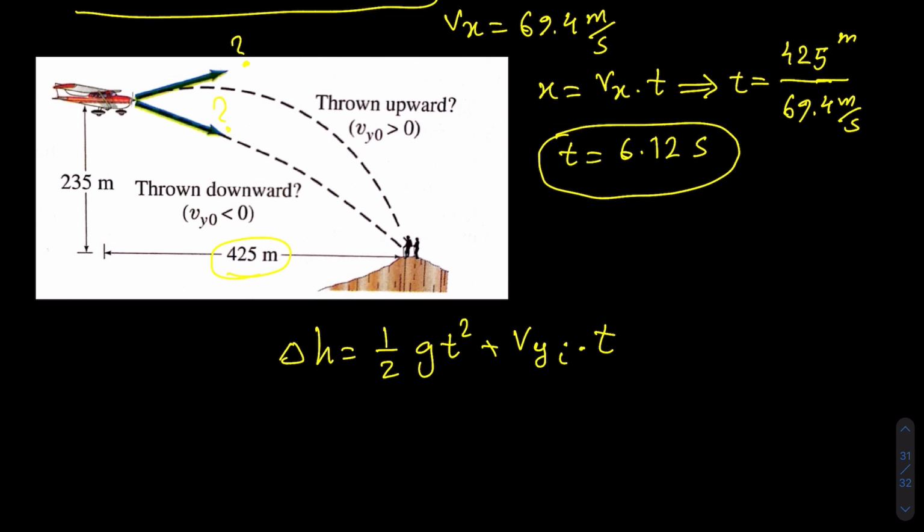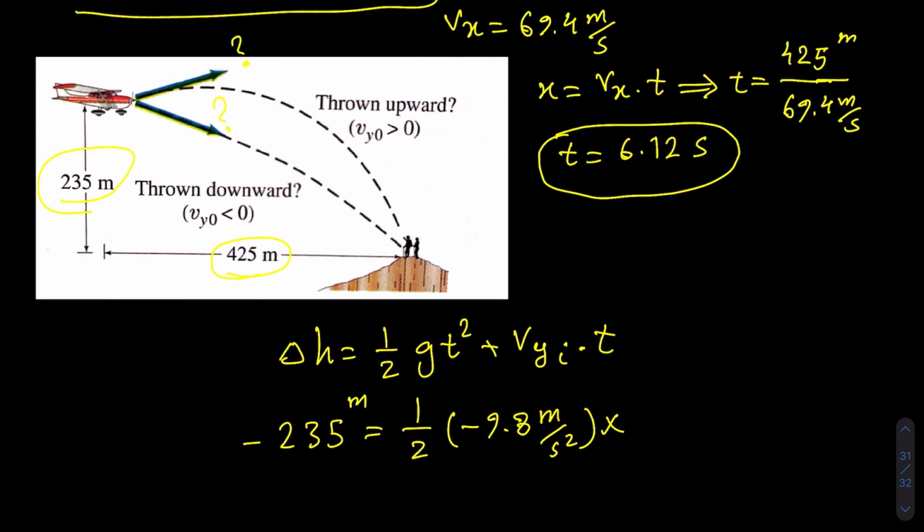Yi means initial velocity towards the y-axis. In this case, again, the height is the same, and again here I will plug in the formula. Negative 235 meters is equal to a half of negative 9.8 meters per second squared times t to the power of 2, which is 6.12 seconds to the power of 2.